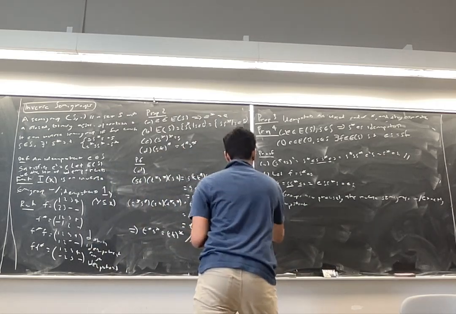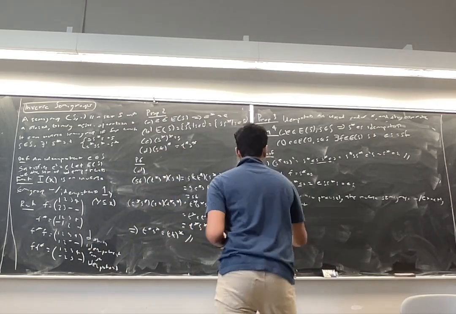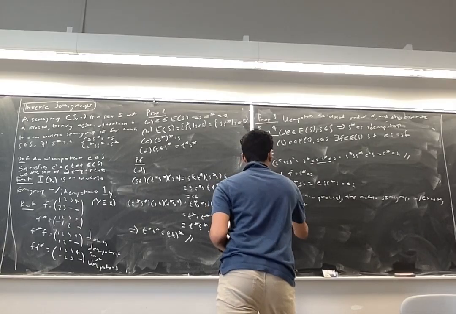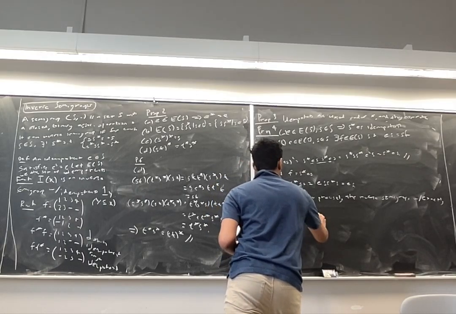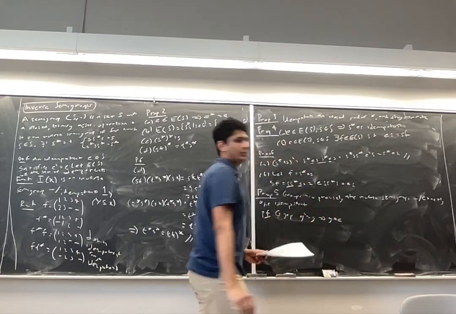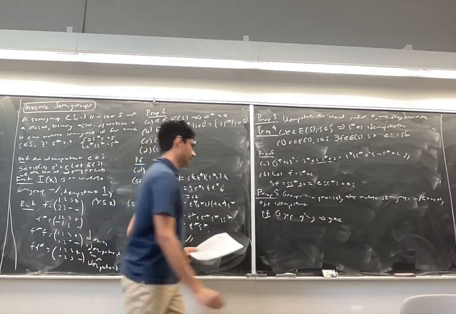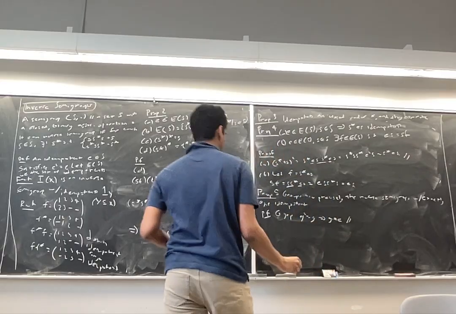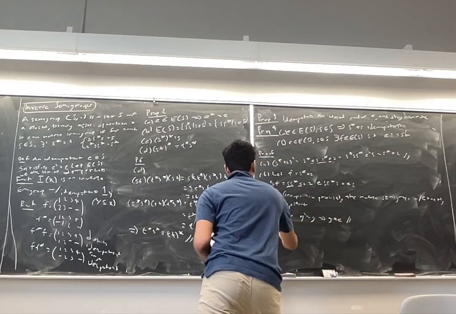Okay, so as a proof, suppose you have a group G. So G squared is equal to G. Then G has to be the identity of the group. And we know the identity is idempotent, so this kind of proves this direction. Okay, now the other direction, let's say S is an inverse semigroup.